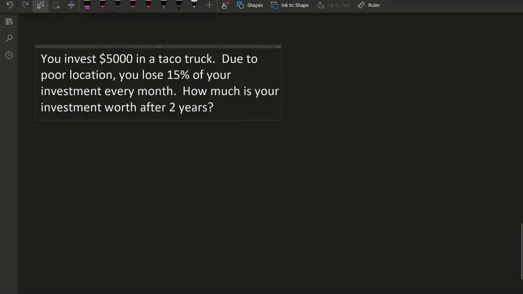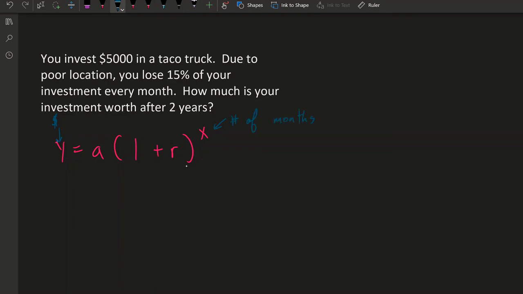Okay, so in this case, we would say y is equal to a times (1 plus r) to the x power. So y is the amount of money that my investment is worth, where x is the number of months. A is my starting amount, so a is going to be 5,000.